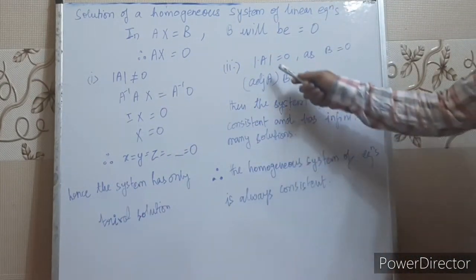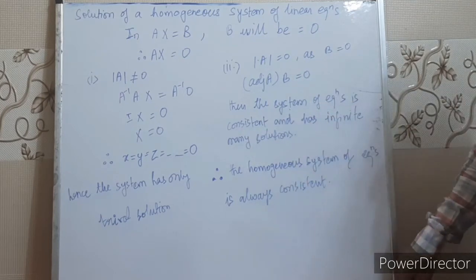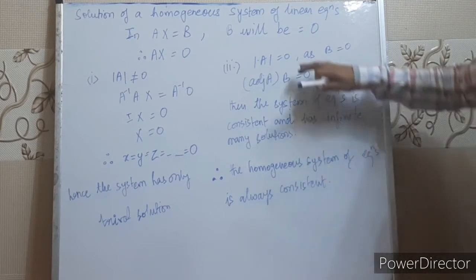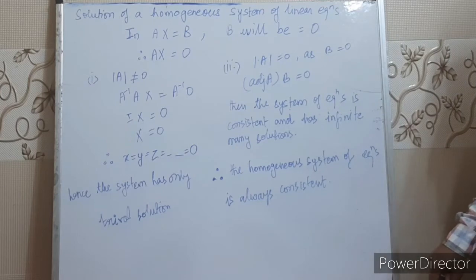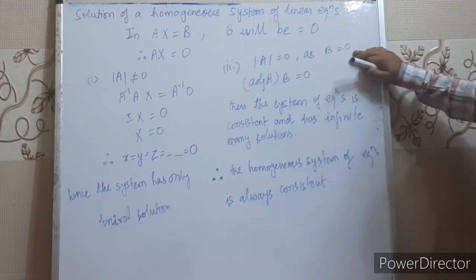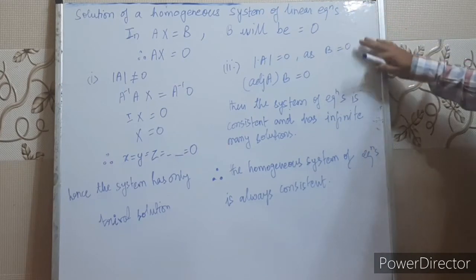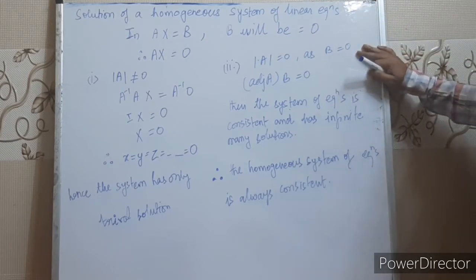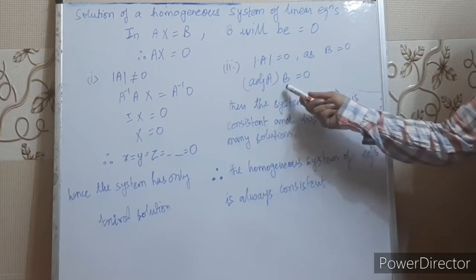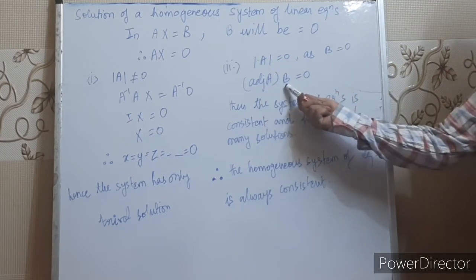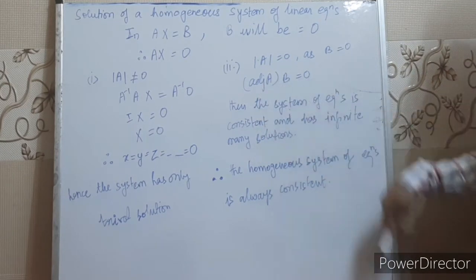In the second case, when the determinant of A is 0, that means A is a singular matrix, and B is also a null matrix. In a homogeneous system of linear equations, B is always a null matrix. So adjoint A into B will always be a null matrix.